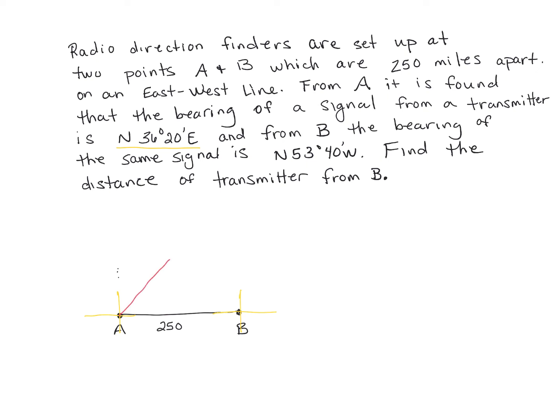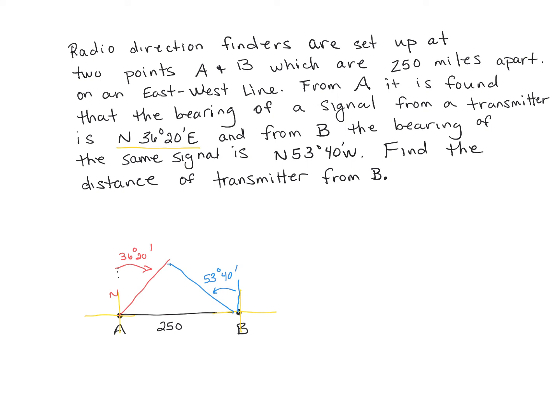So that means this angle here is 36 degrees 20 minutes. So I've gone north and then I've traveled in an easterly direction. Similarly, from B, it's north 53 degrees 40 minutes west.